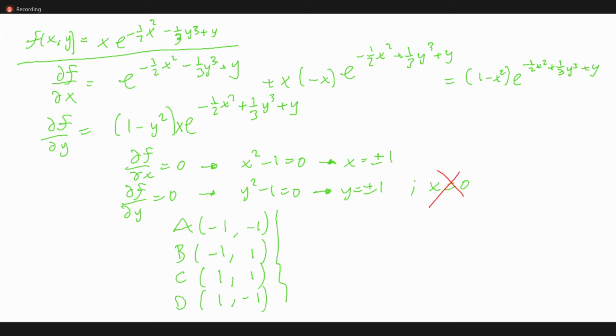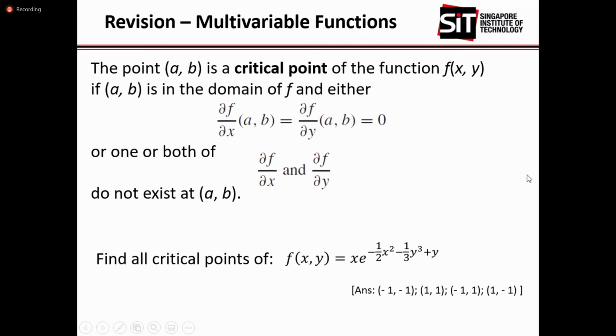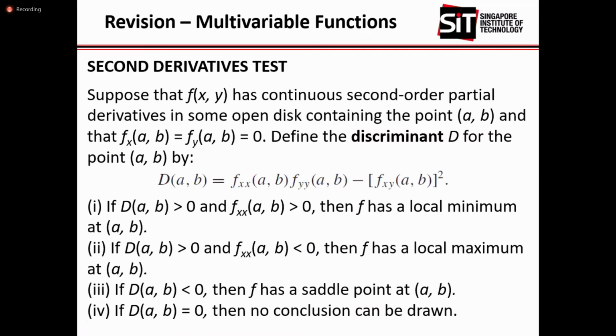So similarly to what we did for functions of one variable, we want to understand what type of critical points these are. We saw that for functions of one variable, we can have a maximum or minimum, and the maximum or minimum is either local or global.